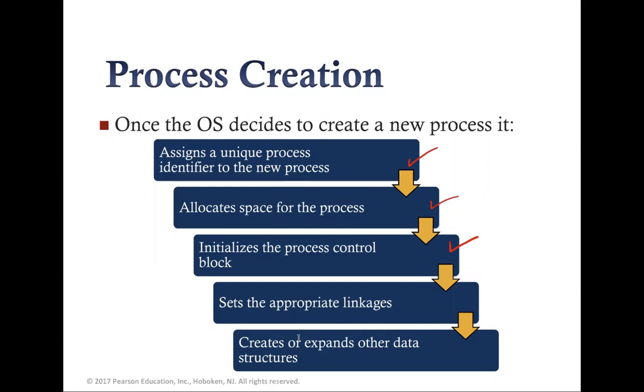And then the processor state information would typically be initiated with most entries as 0, except for the program counter, which is set to the program entry point, and the system stack pointer, which is set to define the process stack boundaries. The process control block information portion is initialized based on standard default values plus attributes that have been requested for this process in particular.